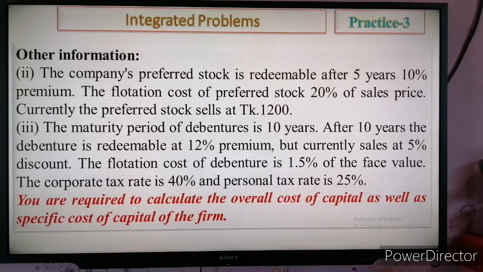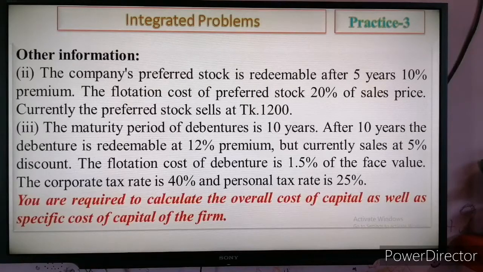Currently, the preferred stock sells at taka 1200. The maturity period of the debenture is 10 years. After 10 years, the debenture is redeemable at a 12% premium, but currently sells at a 5% discount. The flotation cost of debenture is 1.5% of the face value. The corporate tax rate is 40% and the personal tax rate is 25%. You are required to calculate overall cost of capital as well as specific cost of capital.